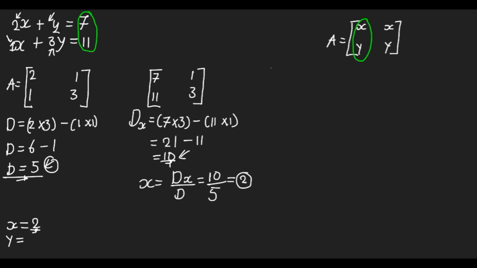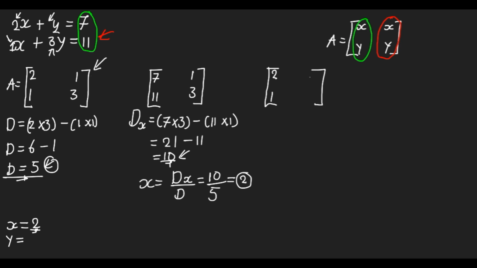Now let's solve for the value of y. Now for the value of y, this is where we are going to replace with these two numbers. Then the first column will remain the same. So 2 and 1 from the original matrix, this one.